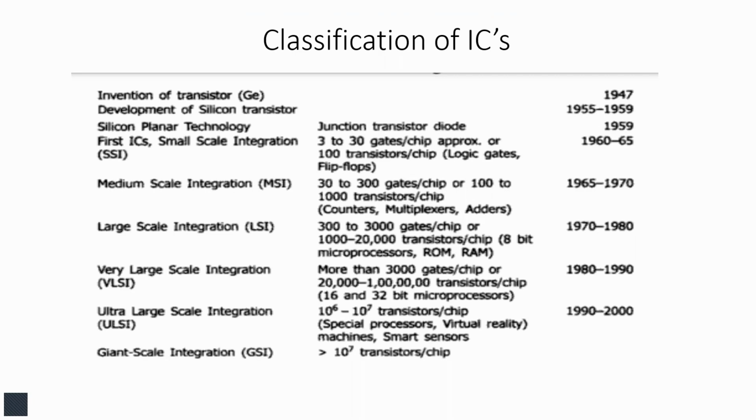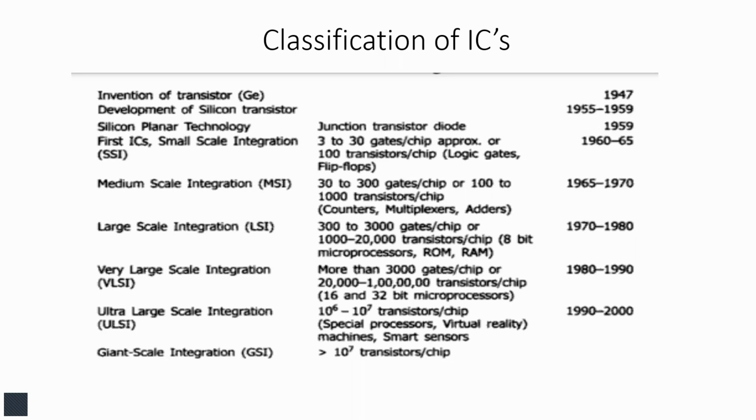Examples for this SSI family are logic gates, flip-flops, etc. Coming to medium scale integration, around 1000 transistors are fabricated on a single chip, and examples are counters, multiplexers, adders, etc.